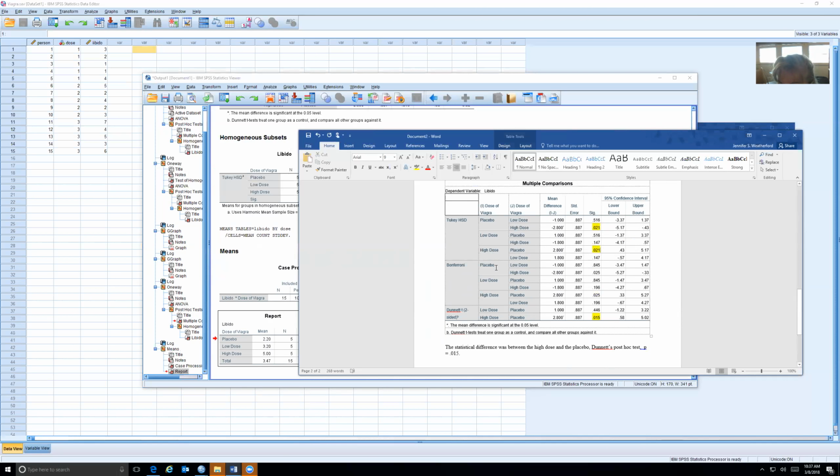If you chose Bonferroni, this is the toughest test. High dose versus placebo is 0.025. So you still have a significant result. Notice it's not quite as significant. Remember, the lower the p-value, the more significant it is. Dunnett's is the most significant, and that's one reason I like it. It was set up for this type of test.